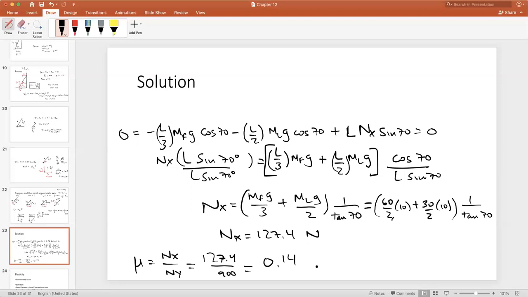So after all that, the hard part is figuring out what the torques are and making sure that you get the proper perpendicular r vector. Other than that, it's still just setting the sum of the forces equal to 0 and the sum of the torques equal to 0 and using the two equations to solve for what you need.